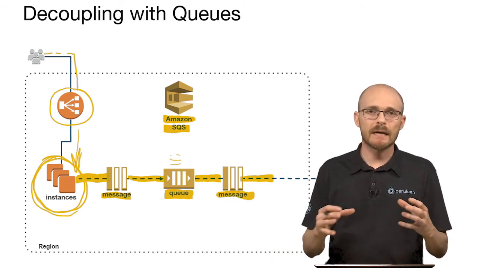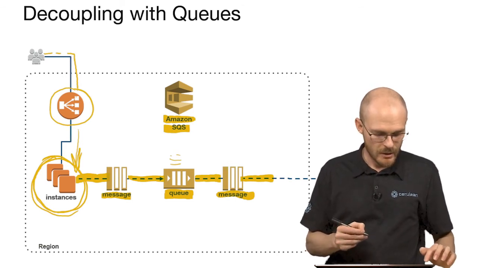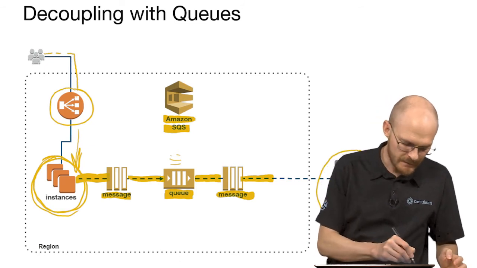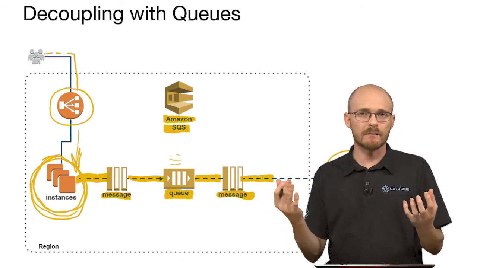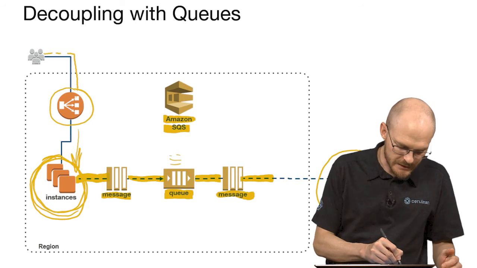But the idea here is, again, that we are looking to decouple whatever work is being done back here from whatever work is being done up here, so that if either one is down, if our back end is down, then messages can simply continue to buffer and stack up in the queue.